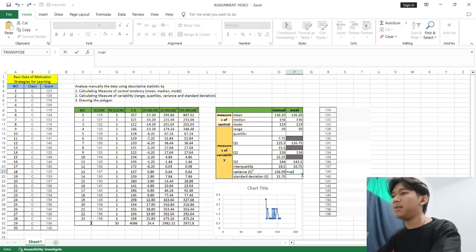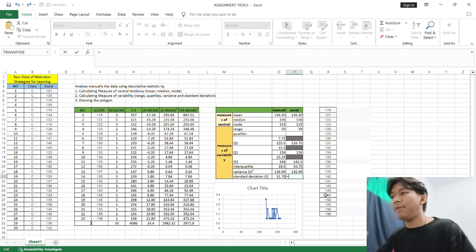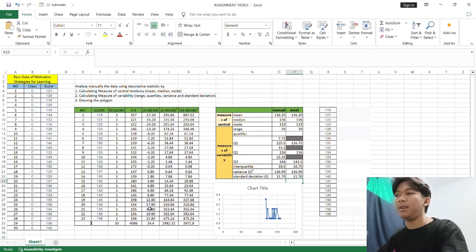Okay, for the variance, we simply use the function var, then put the bracket, select the row data right here, and there we go, we have our variance. And then for the standard deviation, you simply use the function stdev, put the bracket, and then select the row data right here, and there we go.